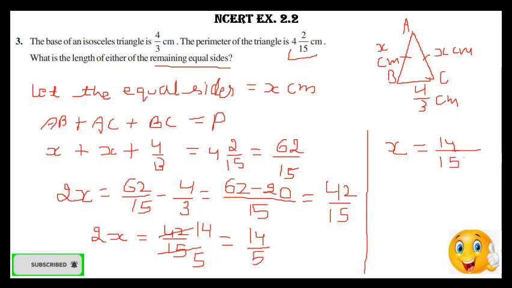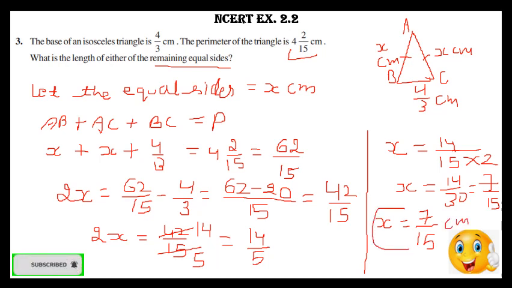So 2 comes in division, so we can write the value of x to be 14 upon 30, and in simplest form it can be written as 7 upon 15. So the length of the remaining equal side will be 7 by 15 centimeter, and this is the answer for this question number 3.